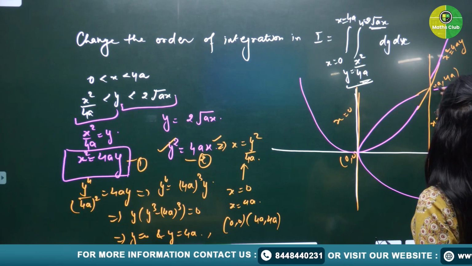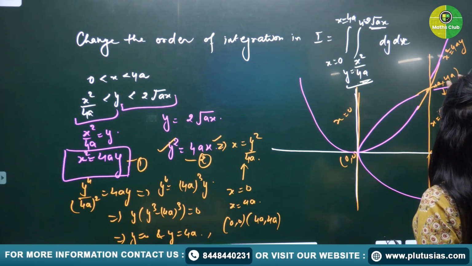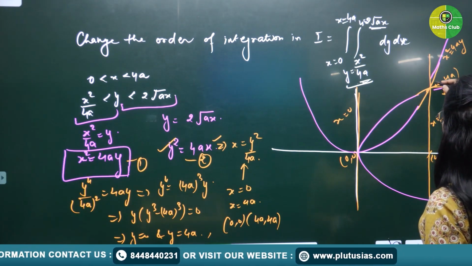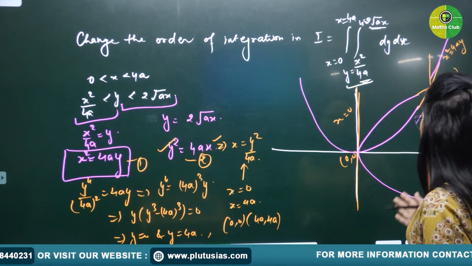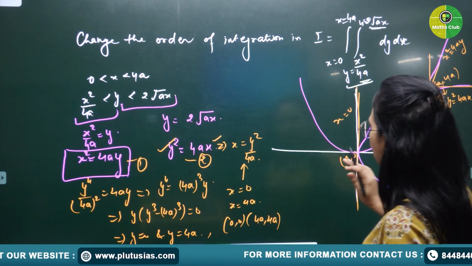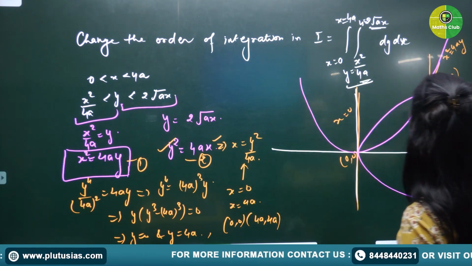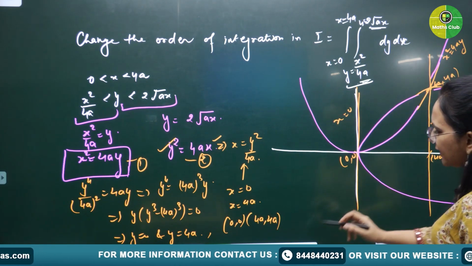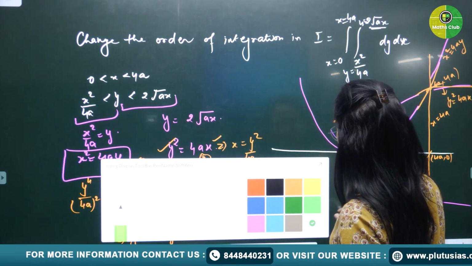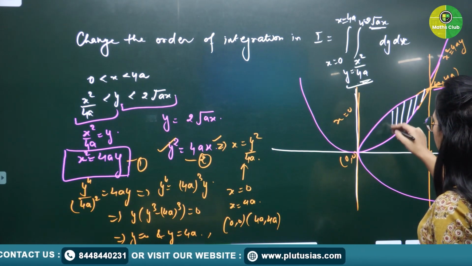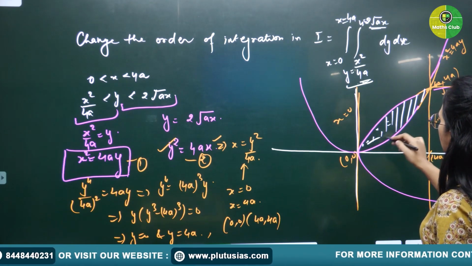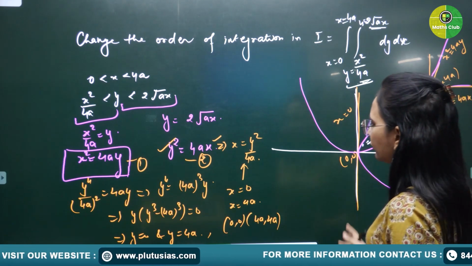This time we have this is 4a. This is the point where all the curves cut each other, and now this is the region that they have provided, so this is the region that we need to find out.